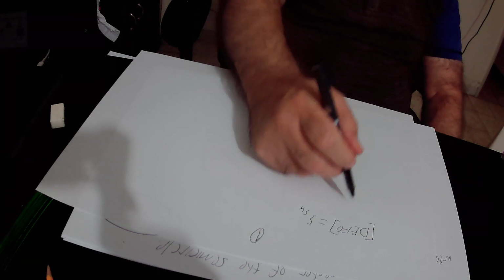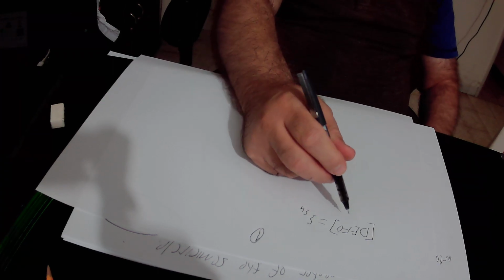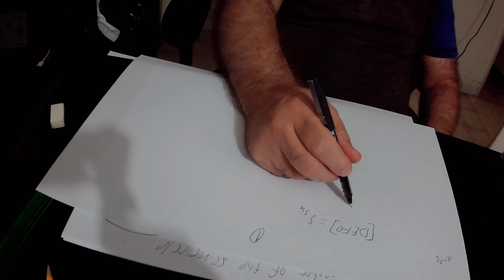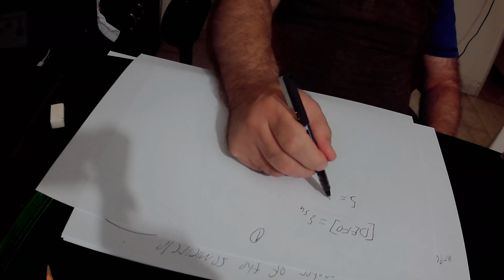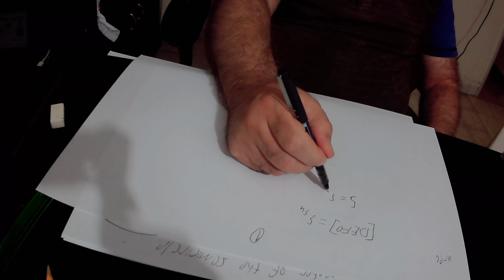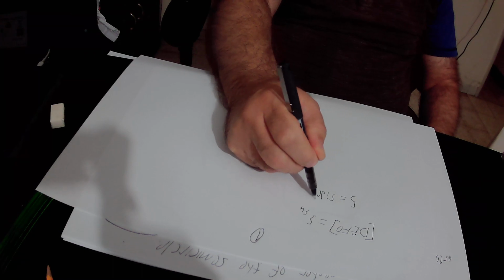So 5 square units is equal to the side of square DEFO squared.